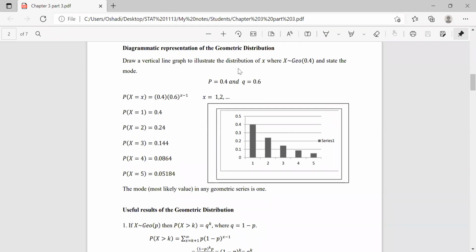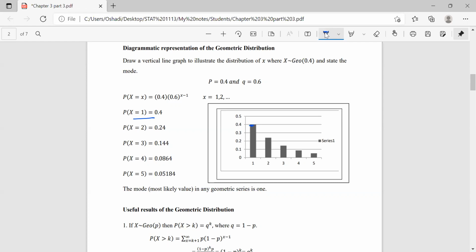So in the geometric distribution, when the first trial is a success, it can be calculated using this. So it is 0.4 into 0.6 to the power 1 minus 1, which is 0. So the value is 0.4. Using the bar graph, it is denoted here, right?